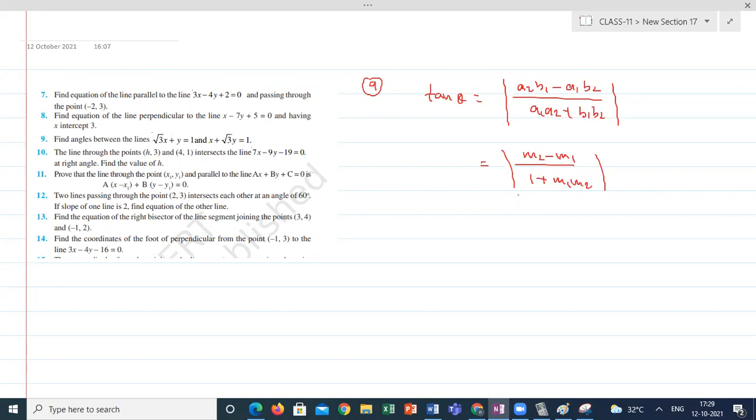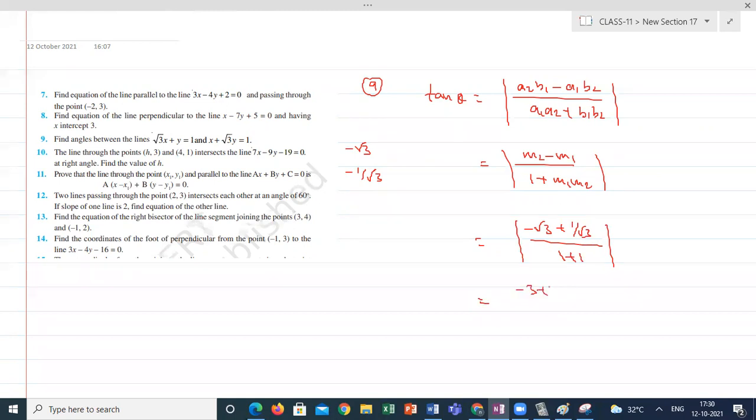30 degrees and 150 degrees. First one, slope is how much? Minus root 3. Second one, slope is minus 1 by root 3. So, minus root 3 plus 1 by root 3 divided by 1 plus 1, modulus.